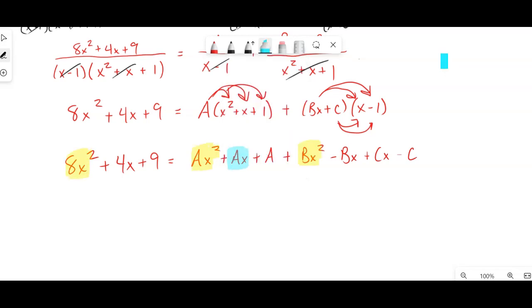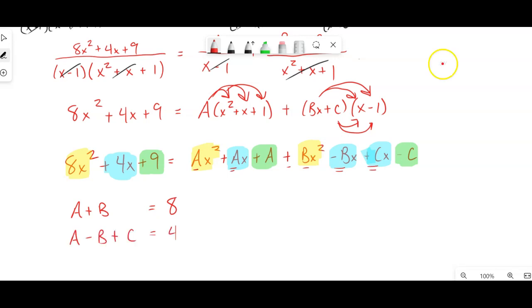Everything that has an x, set that equal to 4. And then everything that does not have an x or an x squared is equal to 9, a constant. So I have A plus B is equal to 8. I have A minus B plus C is equal to 4. And then I have A minus C is equal to 9.